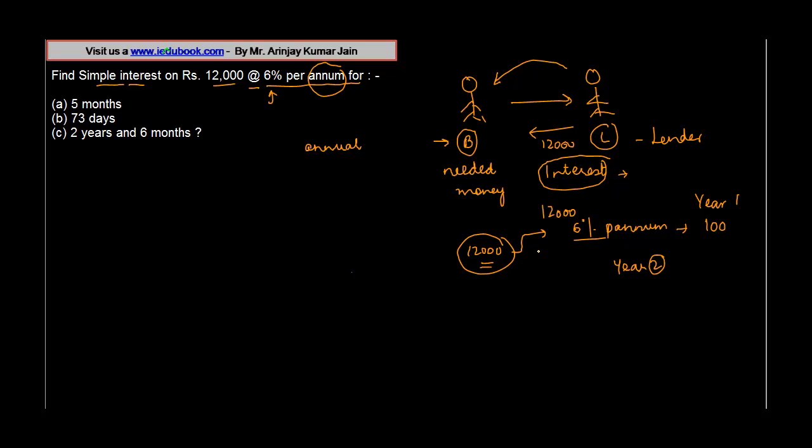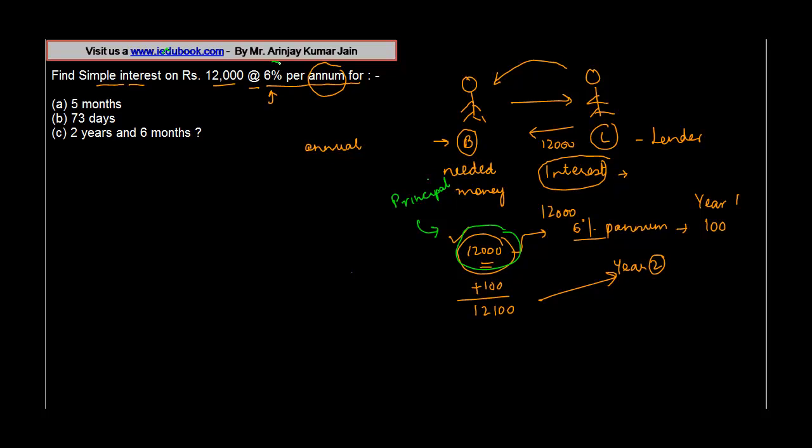So what happens is that in year 2 you don't add up this interest here and make it 12,100 to calculate it on this, but you just calculate on the original amount itself. So in case of simple interest, the interest is calculated on the original amount of loan, also known as the principal.